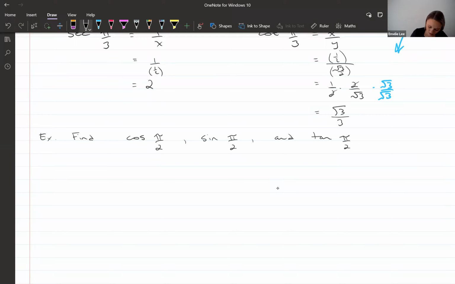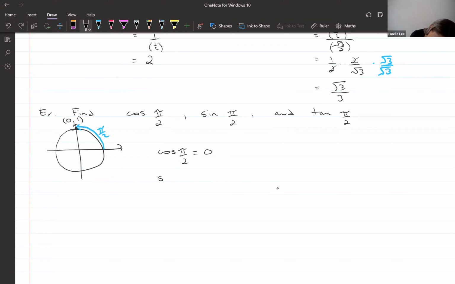Okay. So the cosine of pi over 2, if we just think about our unit circle here, pi over 2 would be this distance, putting me at 0, 1, right? So x is 0, y is 1. So that means that cos pi over 2 is 0. Sine pi over 2 is 1.